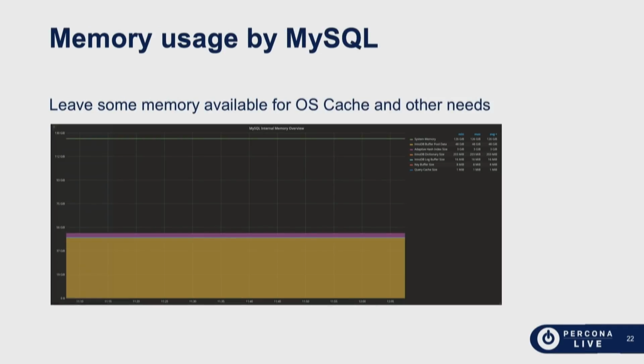Memory usage for MySQL is obviously pretty basic. If you look at the general highlights, what we expect to see here is the majority of operating system memory used by MySQL, if that is a dedicated server, right?